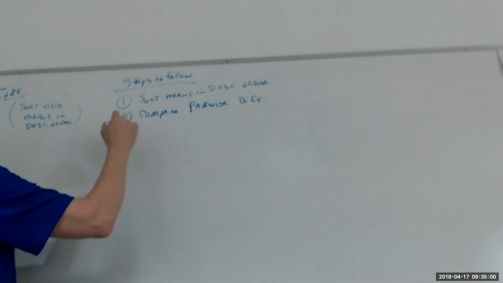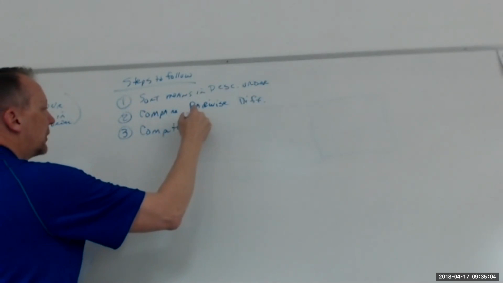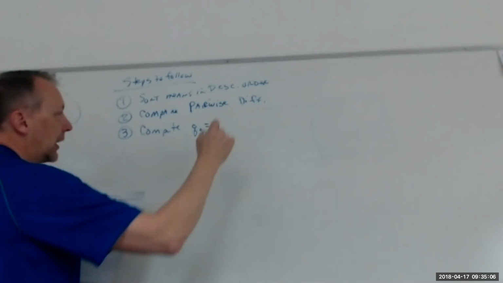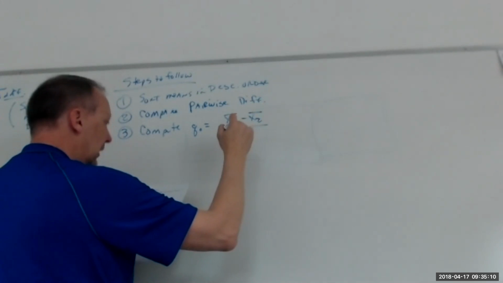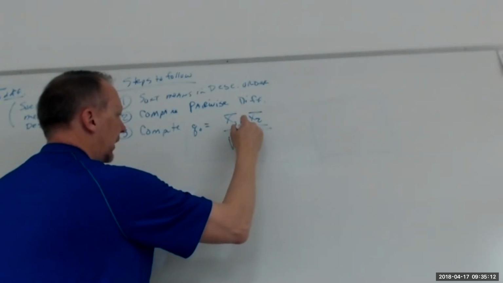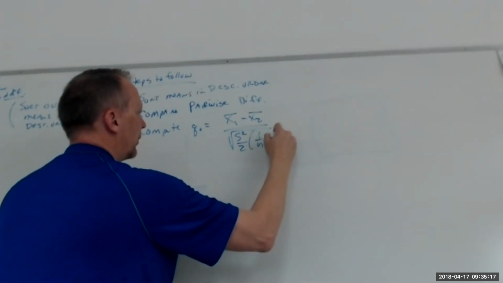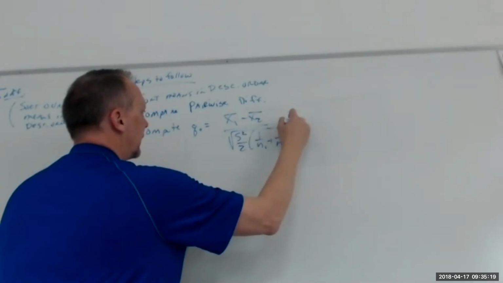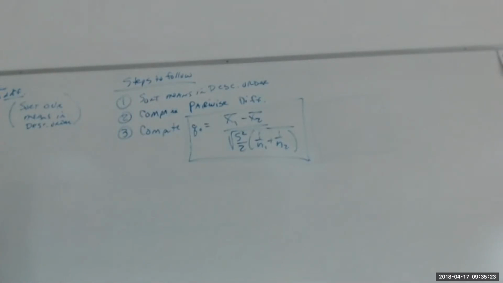Step 3, this is the big key here, you're going to compute the value Q sub 0 equals x1 bar minus x2 bar divided by the square root of s squared over 2 times 1 over n1 plus 1 over n2. So that's our new equation today that we need to know.